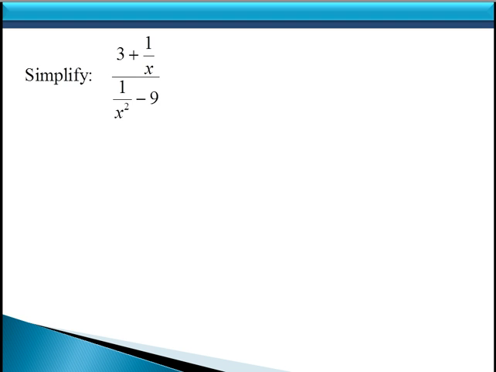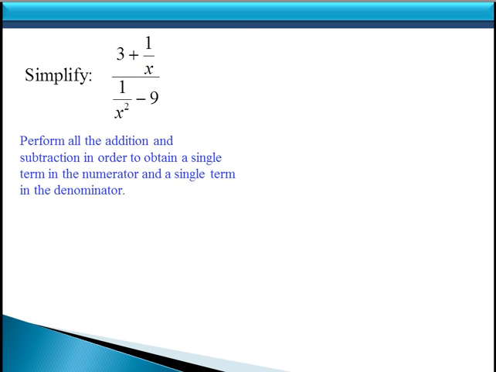So if we look at the numerator first, in order to add 3 plus 1 over x, we're going to have to get common denominators. So since the least common denominator obviously is going to need to be x, we would need to multiply the 3 by x over x so that it has a denominator of x, but it's equivalent to what it started with.